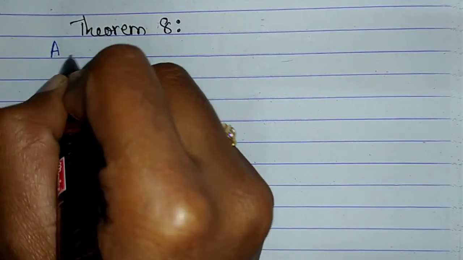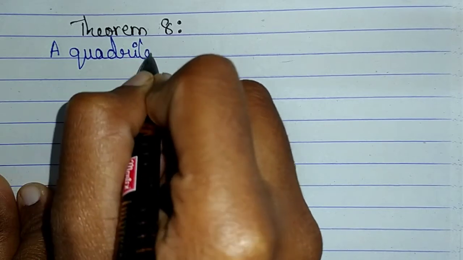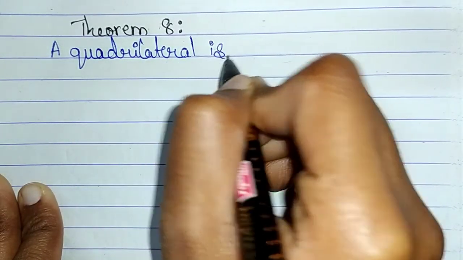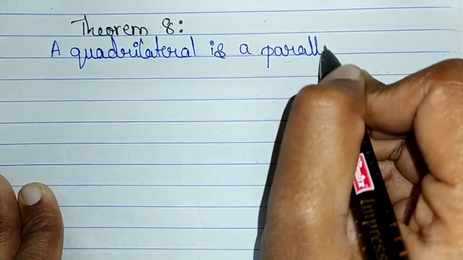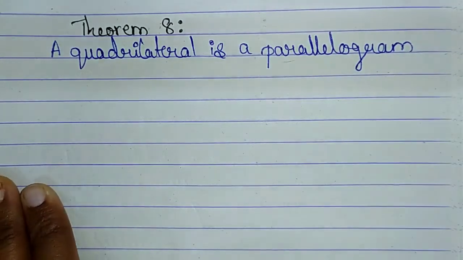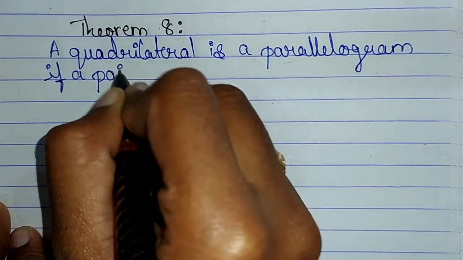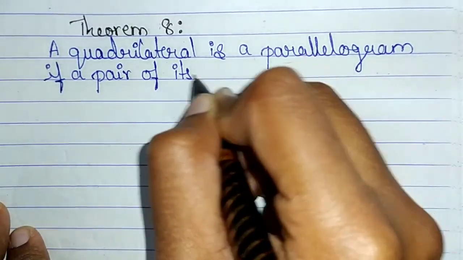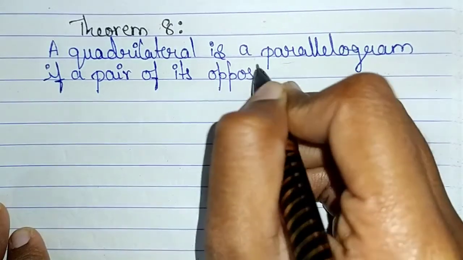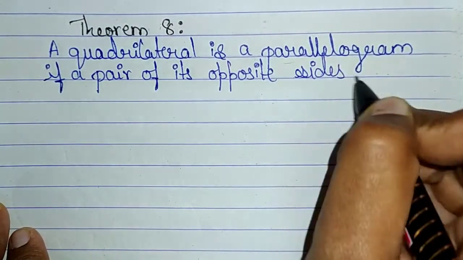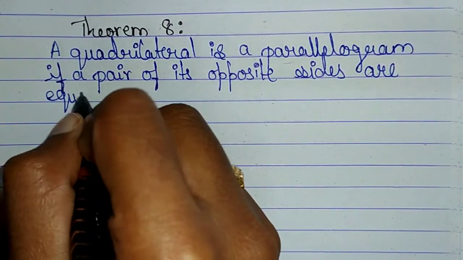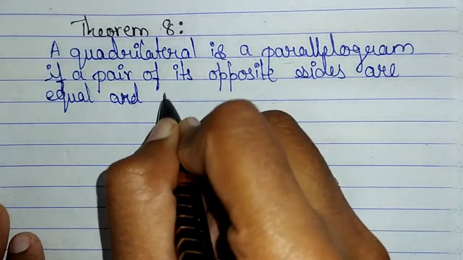It is the least minimum required condition that has to be satisfied by any kind of quadrilateral to become a parallelogram, and that is if a quadrilateral has a pair of its opposite sides equal and parallel, it is a parallelogram.